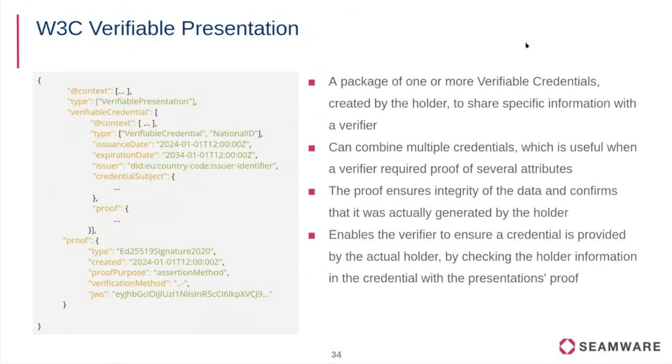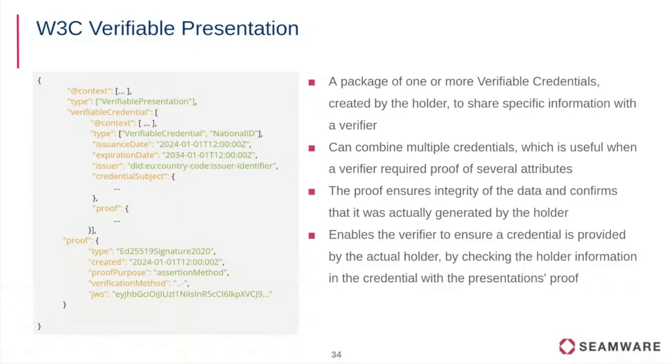Now, beyond verifiable credentials, we also have the verifiable presentation. Verifiable presentation is something very important if we talk about exchanging credentials in order to authenticate ourselves. A verifiable presentation is essentially a package of one or more verifiable credentials created by the holder to share specific information with the verifier.